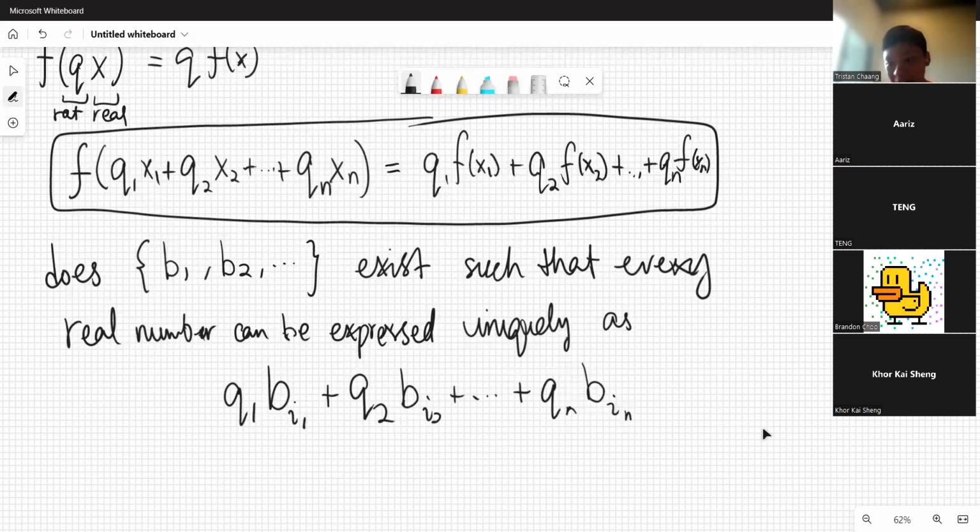Someone said it's the span. Yes. And in fact, a stronger condition, we want to see if there's a basis. It's okay if you don't know what basis means, but this is the definition of a basis. So does this set exist such that every real number can be expressed uniquely as a rational linear combination of a finite number of elements in that set?